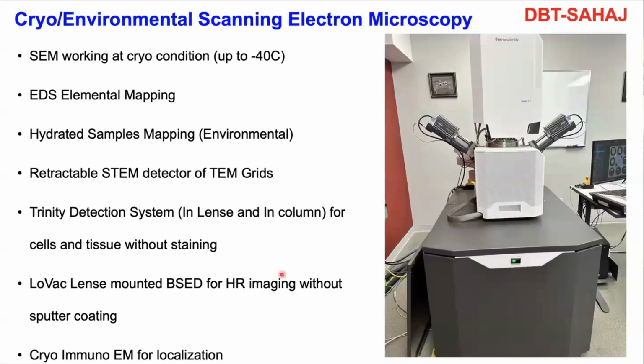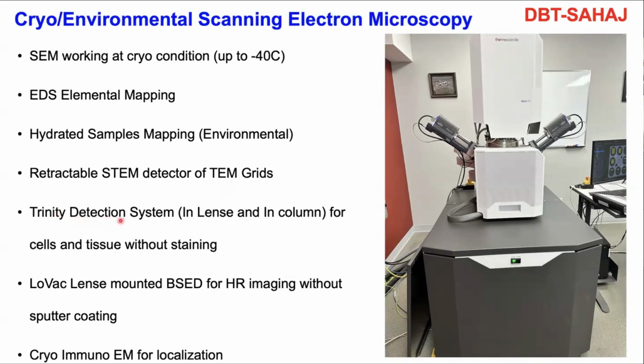So this kind of imaging you can generate, but if you have to go for something better, the country now has equipment for cryo environmental scanning electron microscopy, which can go down to minus 40 degrees centigrade, with EDS and mappings. You can use hydrated samples and environmental samples. It has a STEM detector so that we can directly image grids, with resolution close to what we can get from transmission electron microscopy.